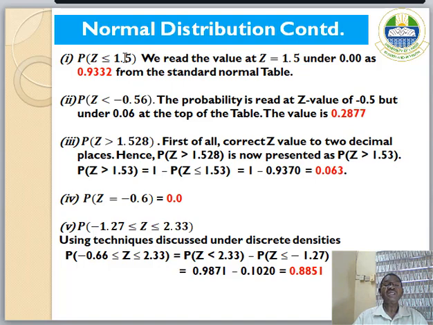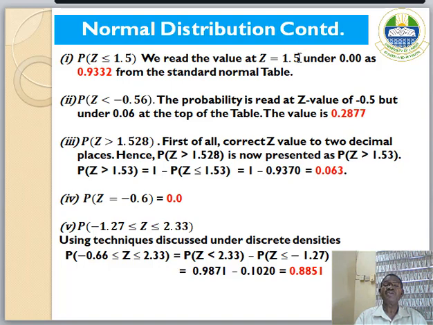Now, for the probability that Z is less than or equal to 1.5, we look for where the value of Z is 1.5. Then we read under 0.00. At the top of the table, you have the values 0.00, 0.01, 0.02, 0.03, and so on. These are the second decimal places of the Z value.